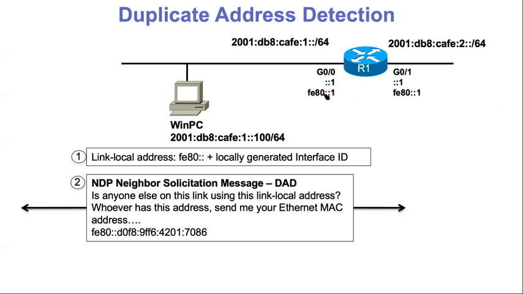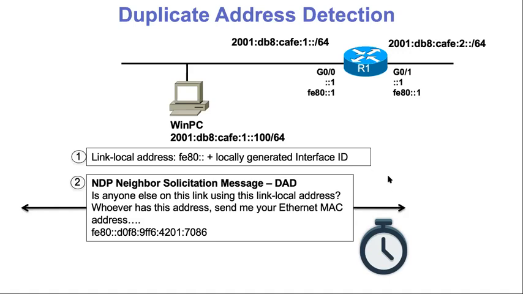Now, of course, this device is hoping nobody else has it, because it wants to make sure this address is unique. After a certain period of time, it will wait a little bit, and if it doesn't receive what's known as a neighbor advertisement message, similar to an ARP reply, it says, oh, nobody else must be using this, so it's safe for me to use.